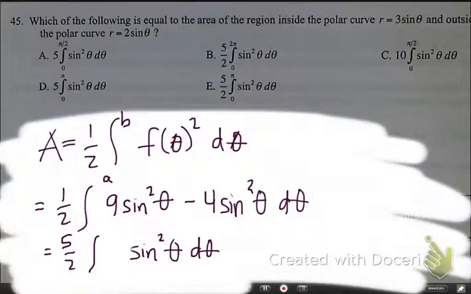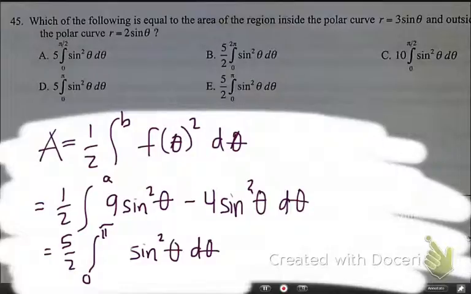Essentially, where will 2 sine theta equal 3 sine theta? The only places that they're equal to each other is where sine equals 0, at 0 and pi. So at theta equals 0 and theta equals pi. So I put from 0 to pi up here, which is E. Did I say A? I meant E.